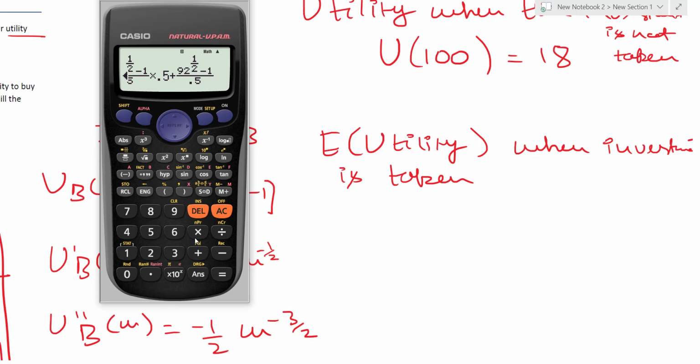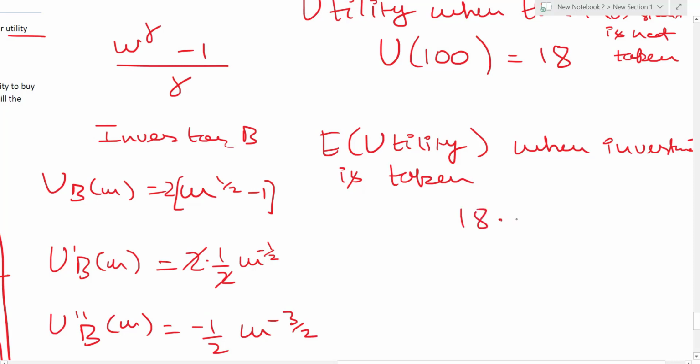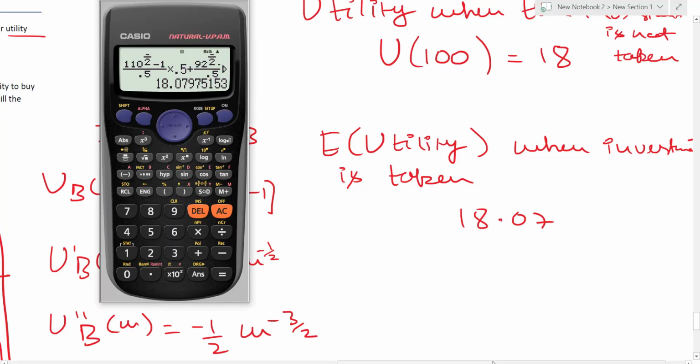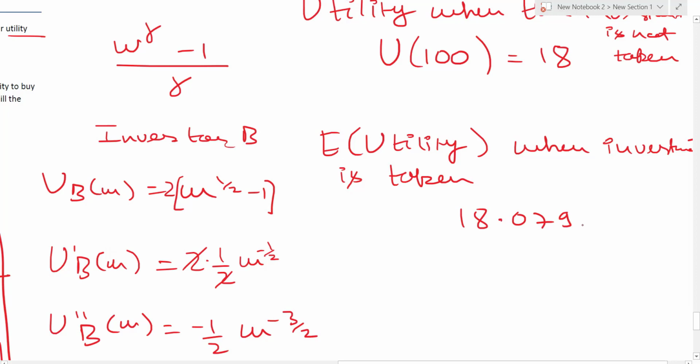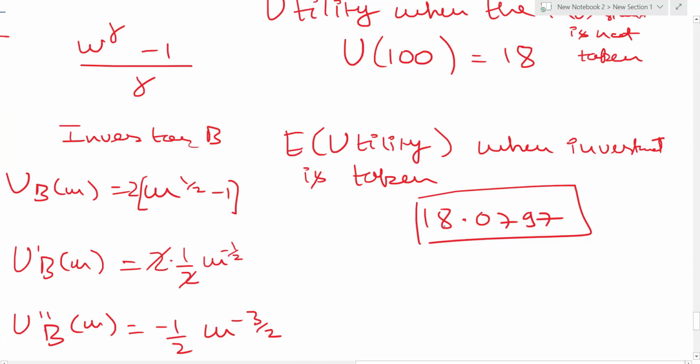Actually, dividing and multiplying with 0.5 is pointless, but I am doing it anyway, just to make it clear. So in this case, it is 18.0797. So taking the investment, the utility of this investor is higher.